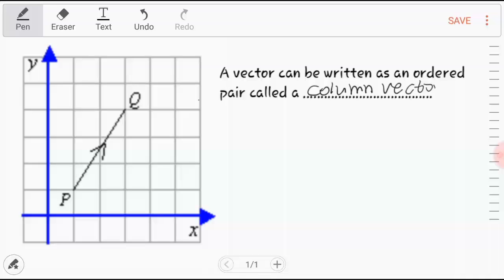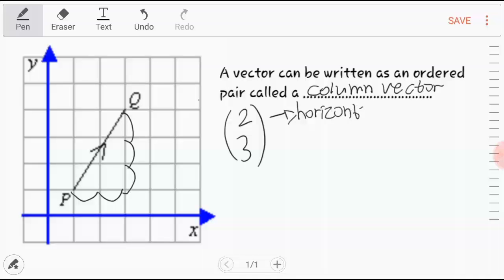To know more about column vectors, we can take a look at this diagram. The line PQ shows the translation from P to Q, which is 2 to the right and 3 up. So this vector can be written like this. This is the horizontal component, while this is the vertical.